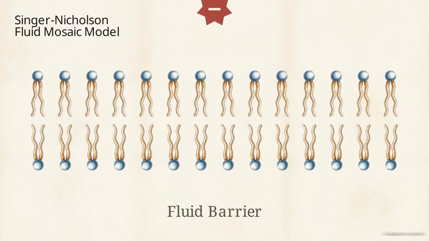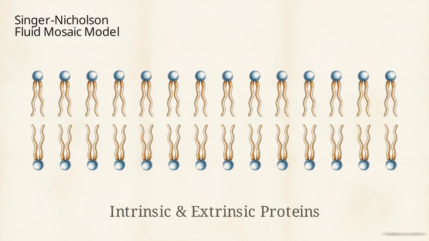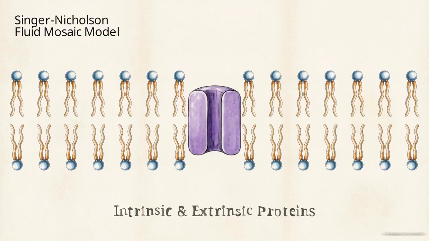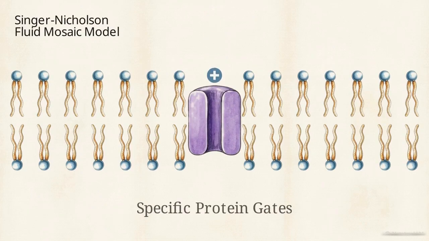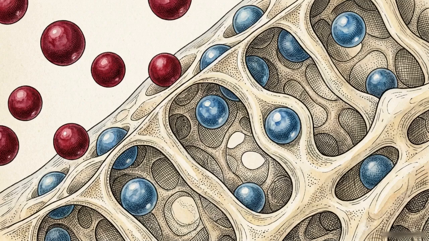It operates as a continuous, fluid barrier that physically blocks large or electrically charged molecules from crossing into or out of the cell. Embedded within this fluid layer are intrinsic and extrinsic proteins. They act as highly specific gates, verifying the chemical shape of approaching nutrients and granting passage only to the exact molecules the cell requires. This selective permeability allows the cell to manipulate its internal environment, discriminating between similar molecules based on charge and molecular weight.